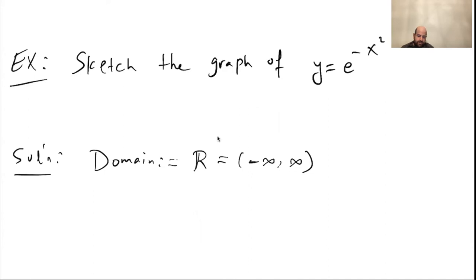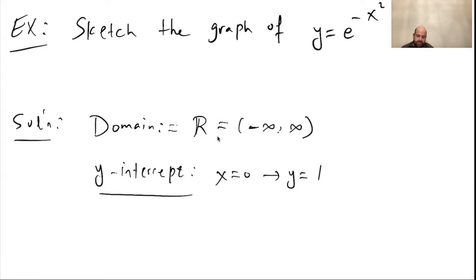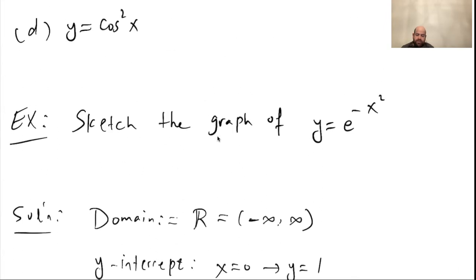And then we need to look at x and y intercept. So for the y intercept, we need to set x equals 0, then y will be e to the power 0, which is 1. For the x intercept, we need to set y equals 0, but y is an exponential function. Exponential functions can never be 0. They're always positive, right?